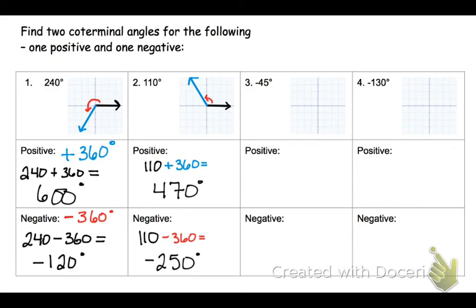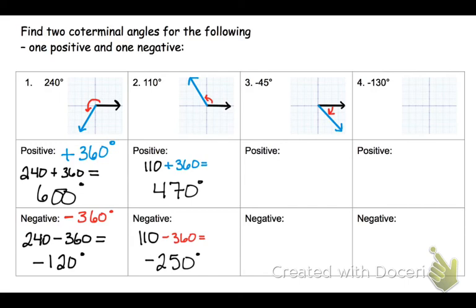So if I were to graph number 3 at negative 45 degrees, my initial side would start at the positive x-axis. My terminal side would be halfway between the positive x-axis and the negative y-axis, aka in the 4th quadrant, because I am turning in a negative direction.